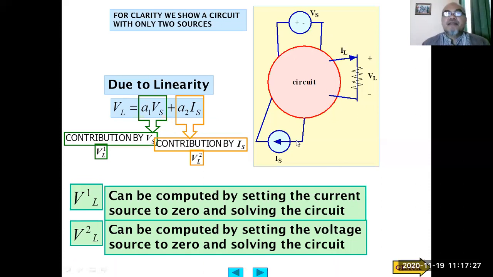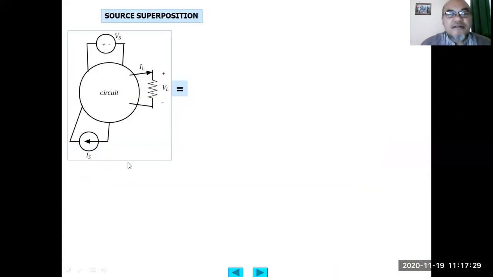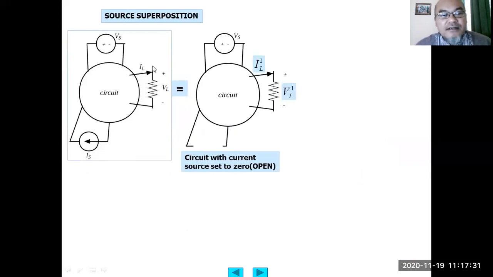Okay, let's try now. Here the current at the load as well as the voltage at the load equals, first, the contribution due to the independent voltage source Vs by making the current source 0, which is by making it an open circuit, so that it has a 0 value of current source.